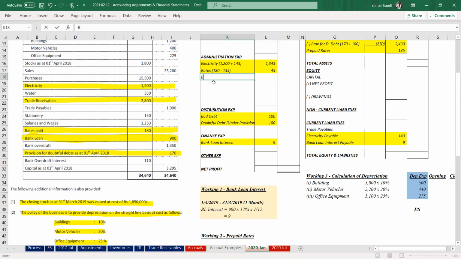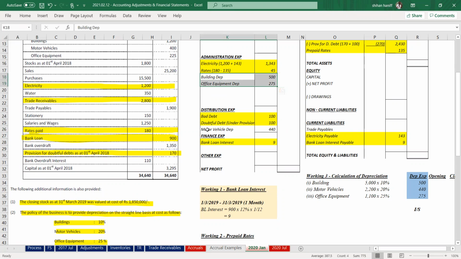Building depreciation 500, office equipment depreciation 275, motor vehicle depreciation 440.